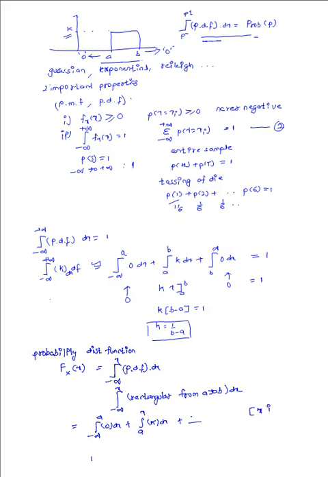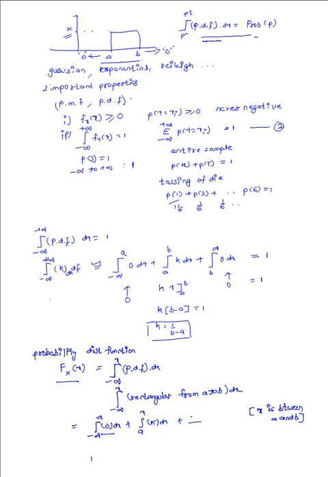Let me separately mention here that x is between a and b. If x is less than a, the probability density function at that point is simply 0, so F_X(x) also will take the value 0. But if x is between a and b, then this formula is applied.